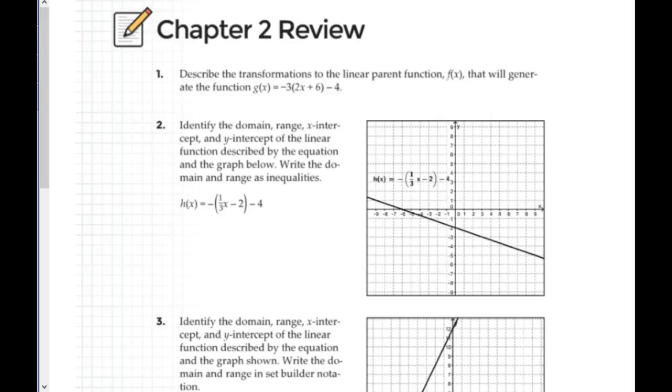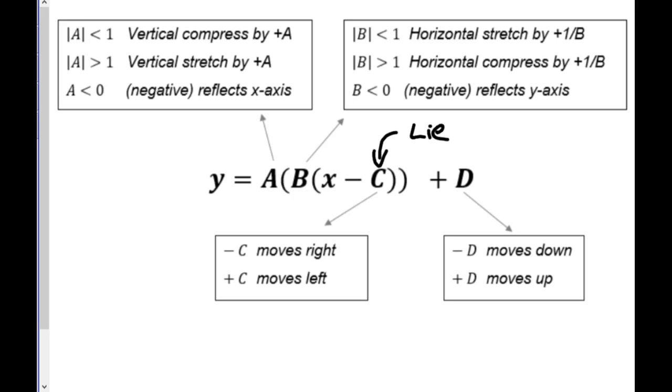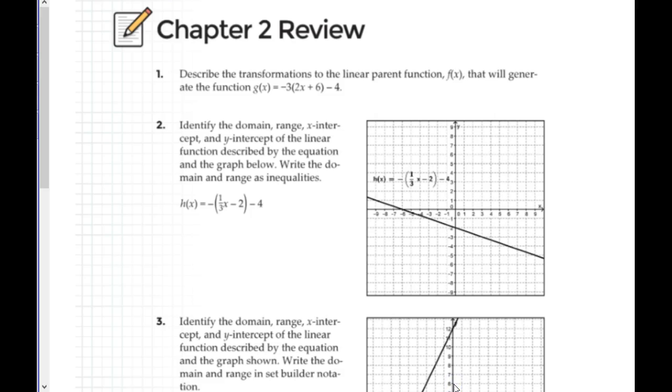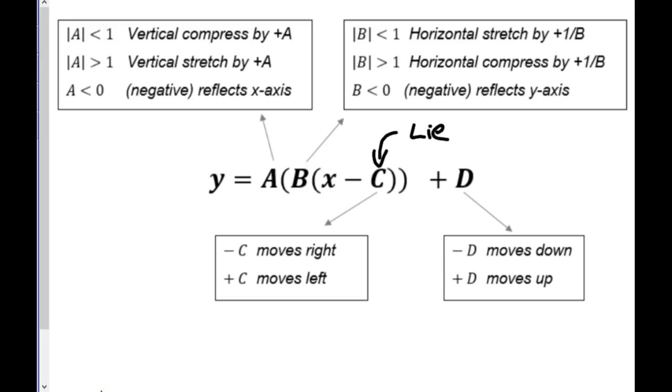Describe the transformation to the linear parent function f(x) that will generate this function. Now just a reminder, the very first number is a. If a is negative, that's a reflect across x, and again, using this information.